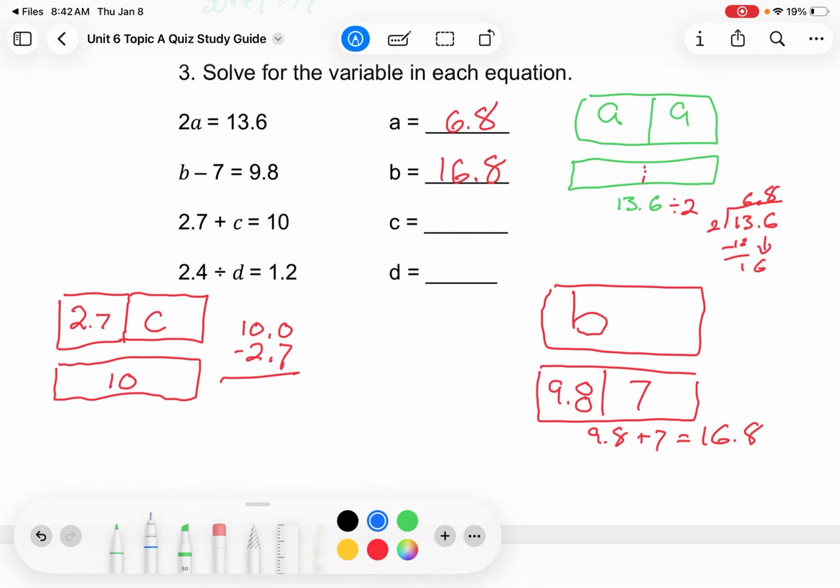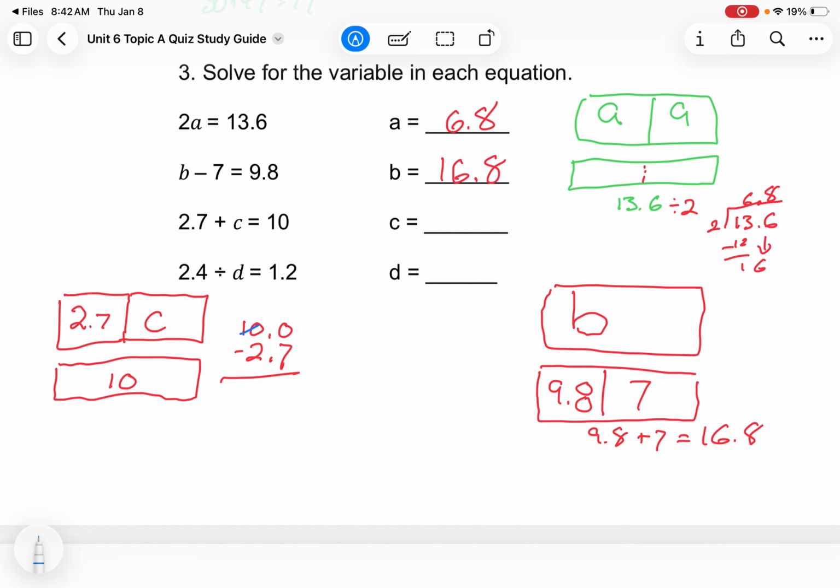And so we do some borrowing. Borrow from 10, we get 9. 10 minus 7 is 3. 9 minus 2 is 7. And so 7.3.